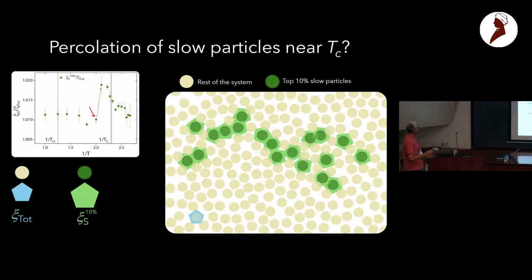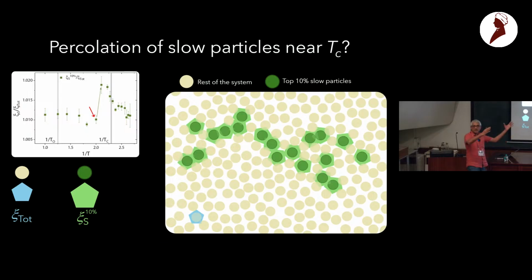We have a simple way of thinking about it. We don't know if it's fully accurate, but let's look at the 10% cutoff. What I'm showing you here is a cartoon rendering. I'm looking at this particular point here. What we already know is that the length scale associated with all particles is smaller than the one associated with 10%. So let us say that these are my clusters.